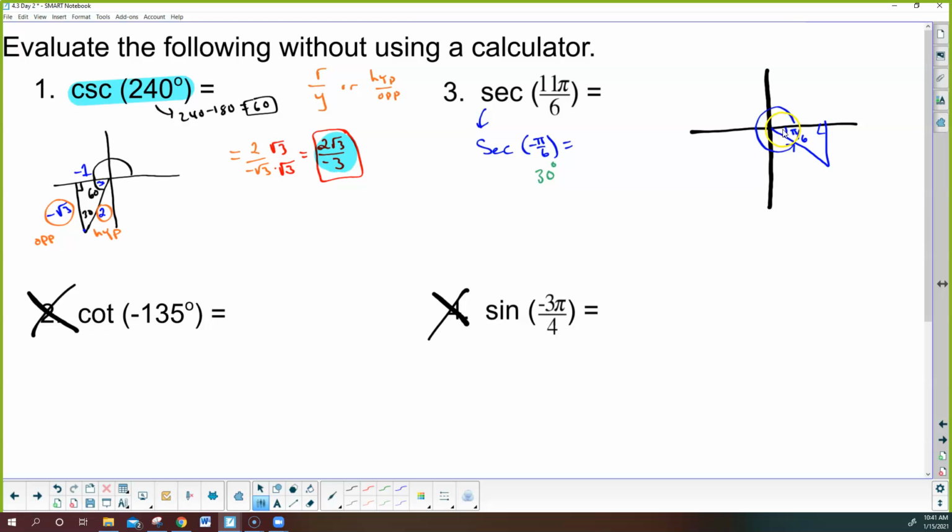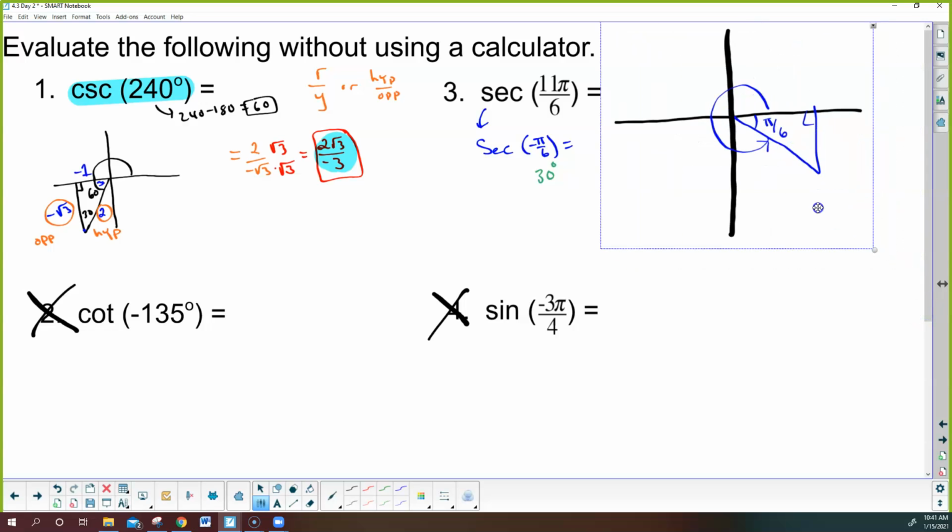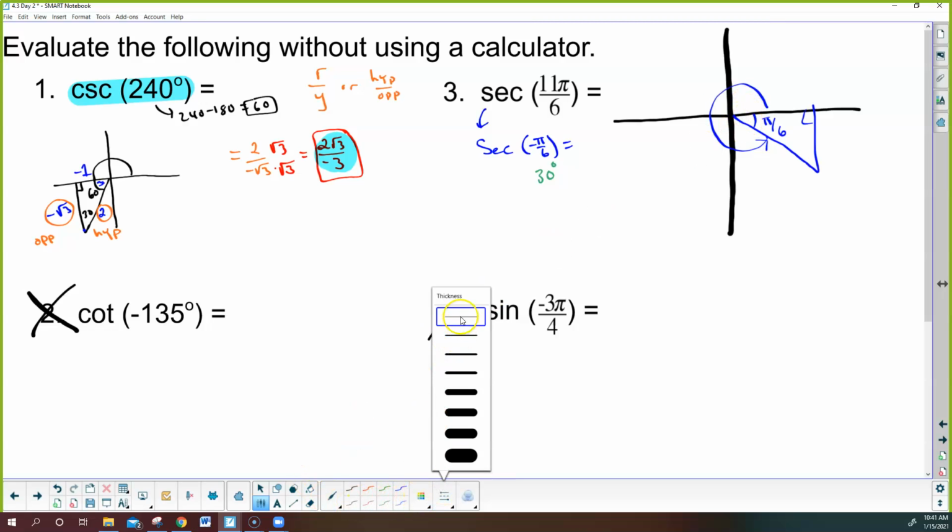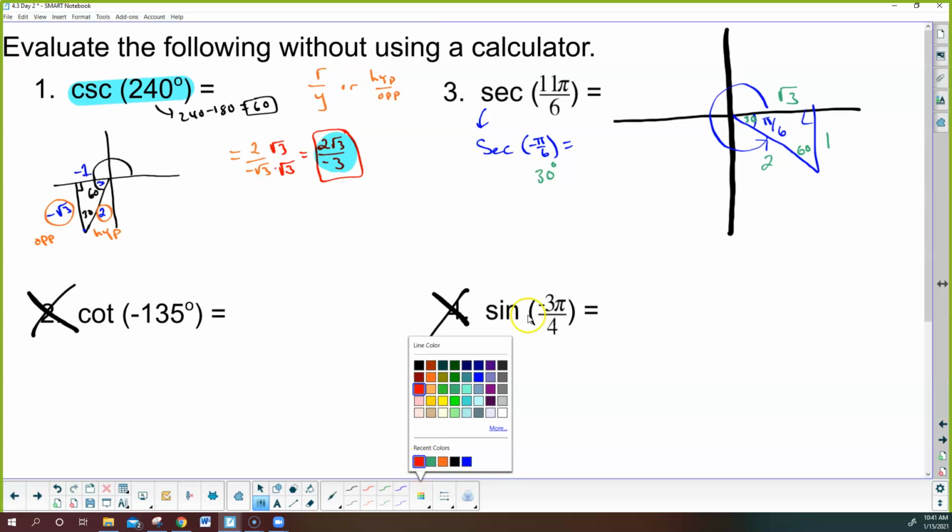So this little angle right here is 30. I'm going to make that a little bigger. So I know that pi over 6 is 30, so this is a 30, 60, 90 triangle. 1, 2, square root 3. Using my special right triangles, and then across from the 1, notice that's going down, so it's the negative 1.